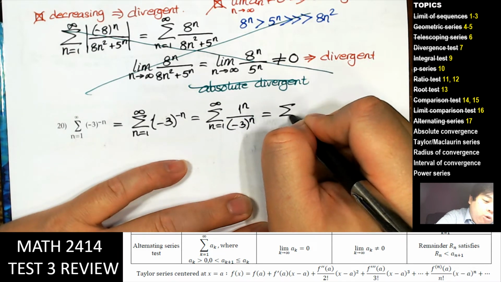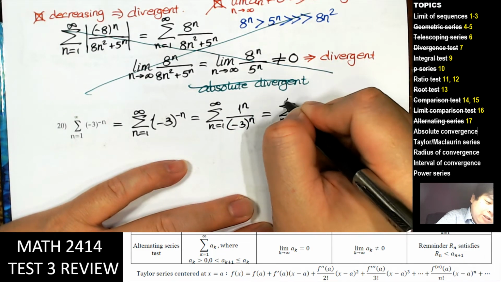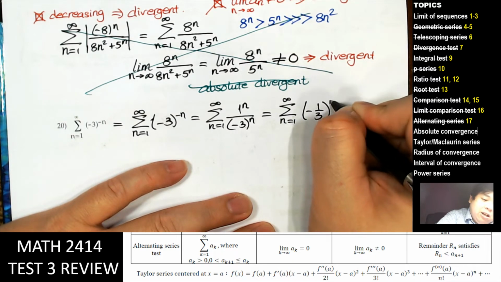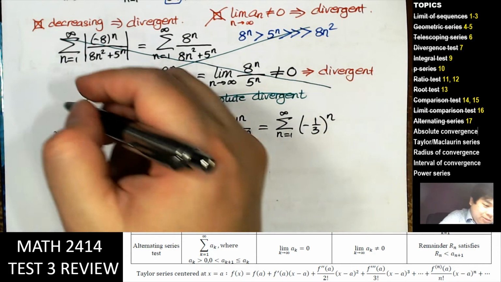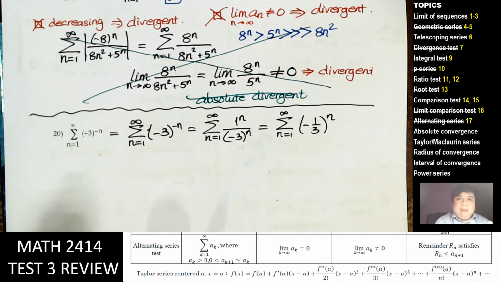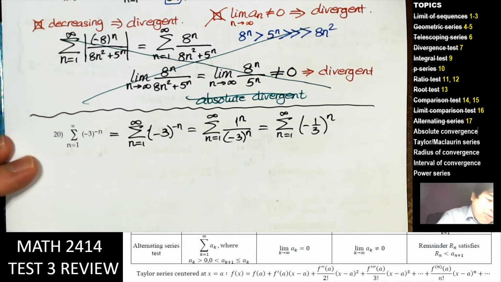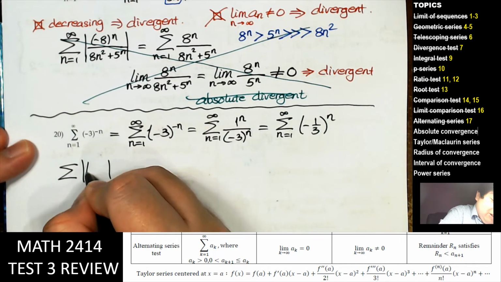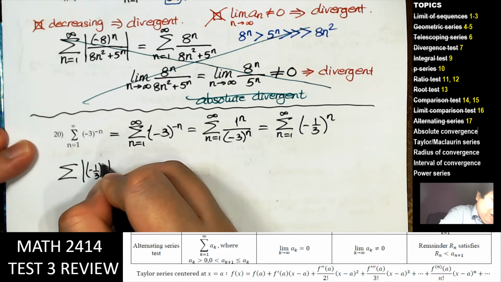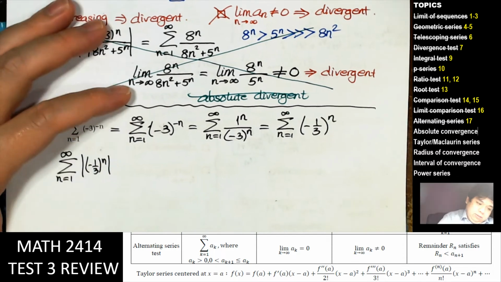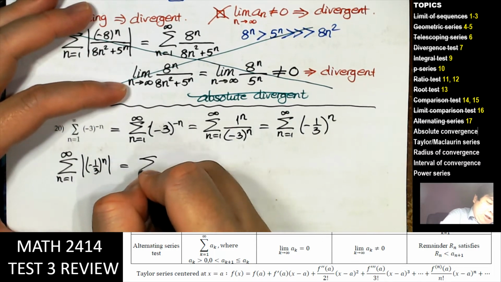So I will move both of them inside the power of n. On this one, actually we're going to put the absolute values in and see what happened. What happens if we put absolute values? We just have this.